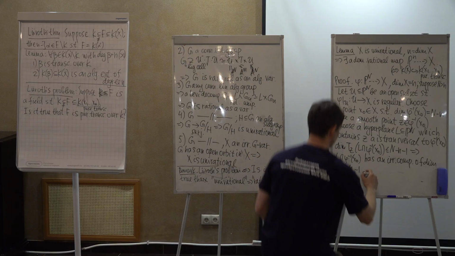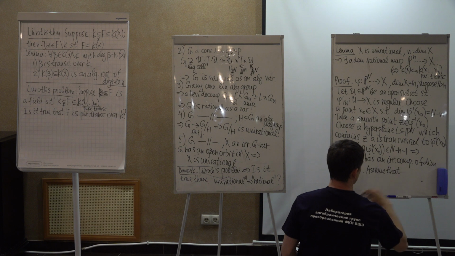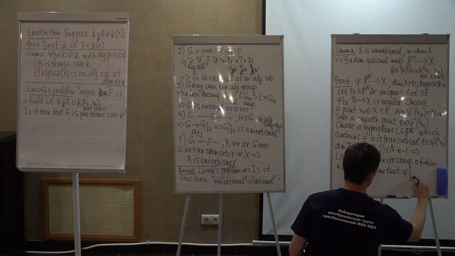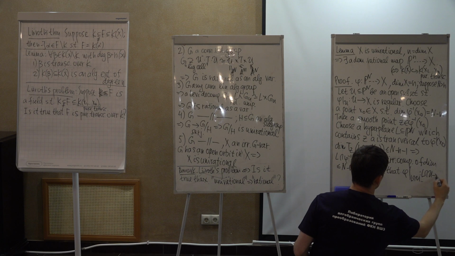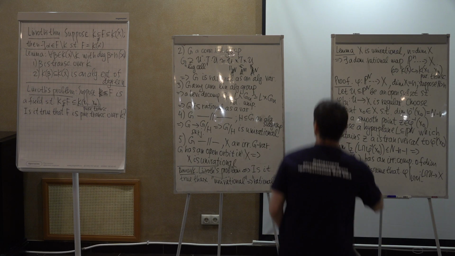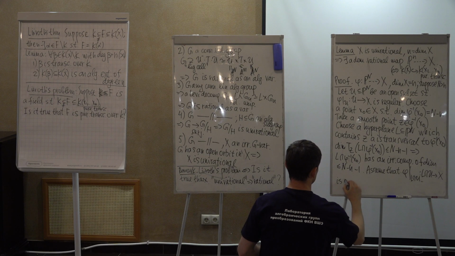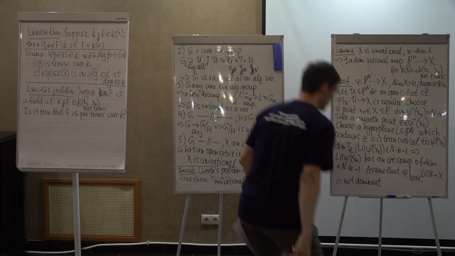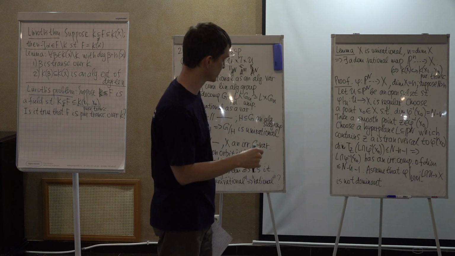Now assume that we consider the restriction of phi to L intersected with U, so it is not dominant, so assume that it is not dominant. Then its image will have dimension at most n minus 1.